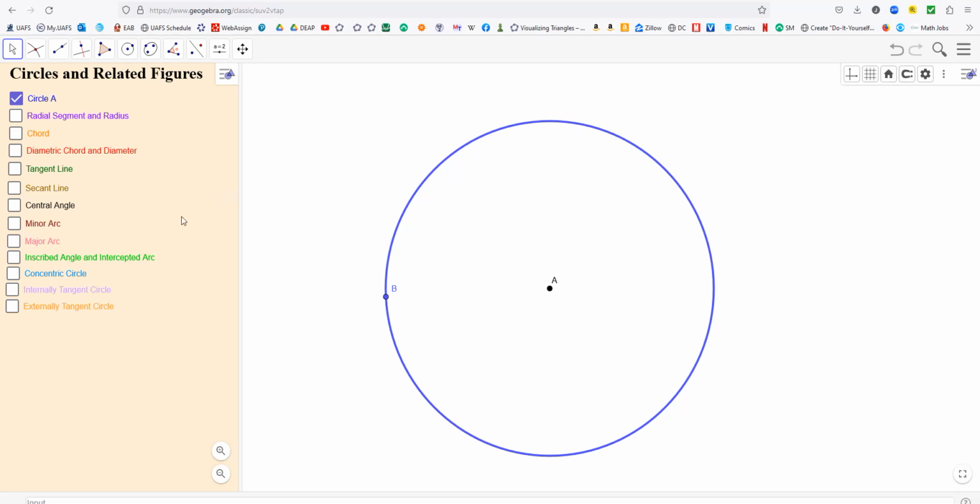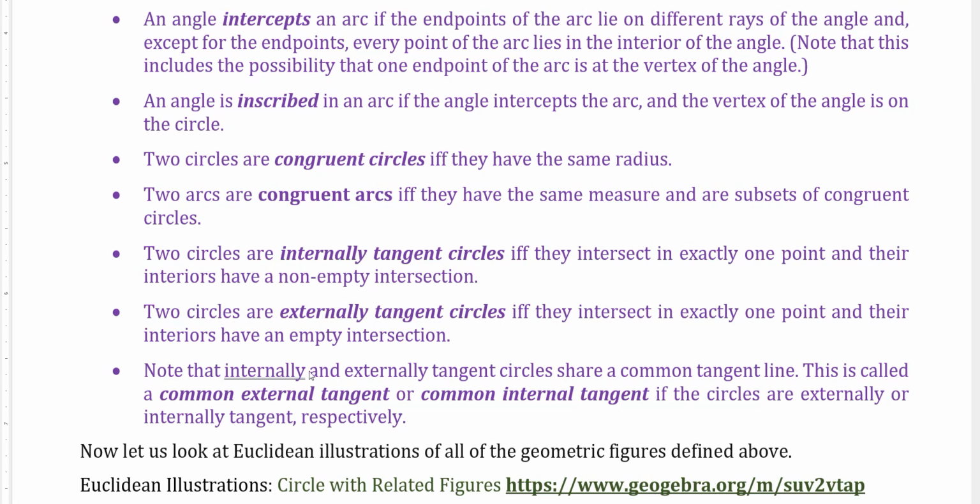Okay. Now we can also have an inscribed angle. Let's go ahead and look at the formal definition of that. An angle is inscribed in an arc if the angle intercepts the arc and the vertex of the angle is on the circle.